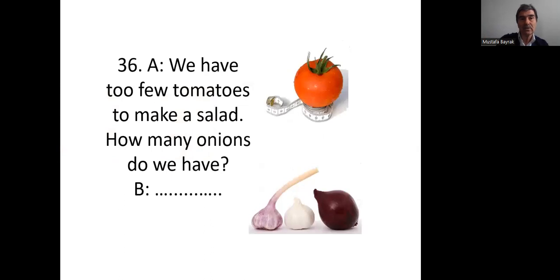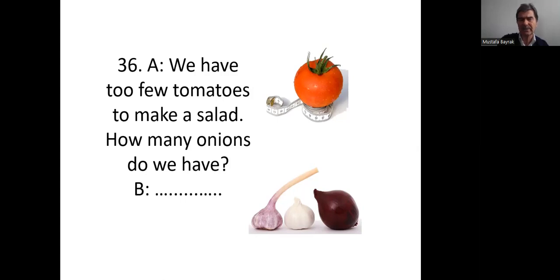Okay, 36A, we have too few. Yeah, we have too few tomatoes to make a salad. So we can't make a salad. There are too few for us, for 10 people, for example. How many onions do we have? We have too few tomatoes to cook the meal.